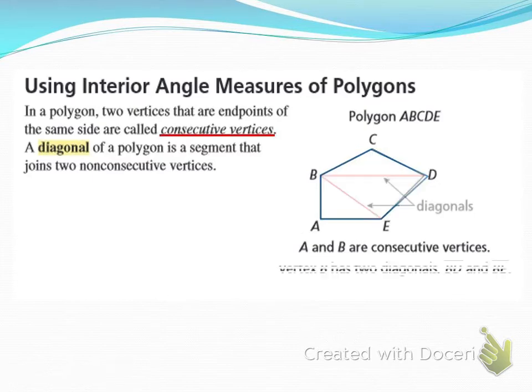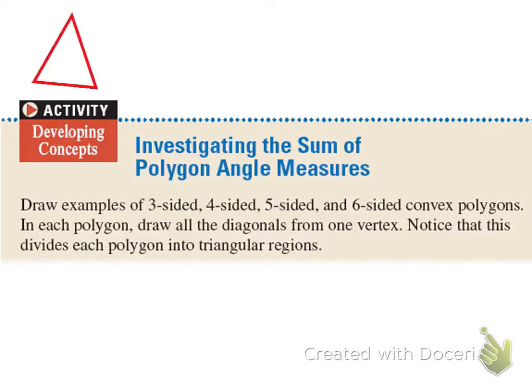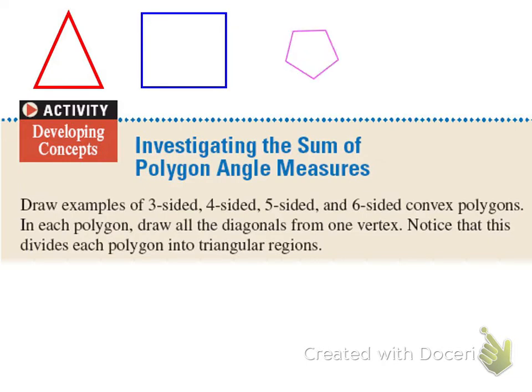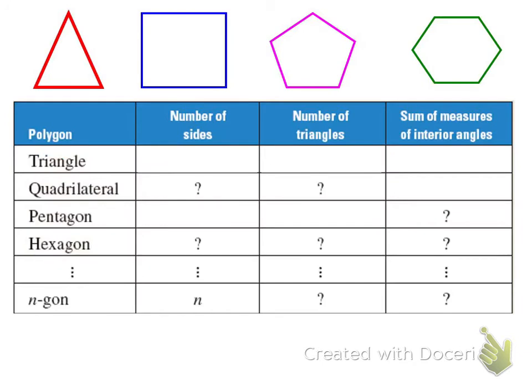So we got a triangle. What do we call a 4-sided figure? Quadrilateral. 5-sided figure? Pentagon. 6-sided figure? Hexagon. So you're going to fill in this chart with me. How many sides does a triangle have? 3. Then it says number of triangles. So just like before, we would see if we could draw a diagonal to split this triangle into more triangles.